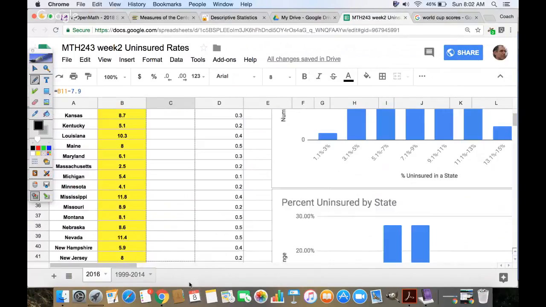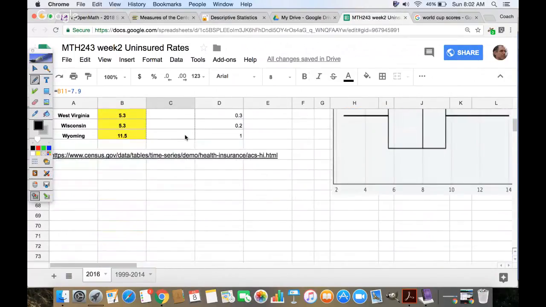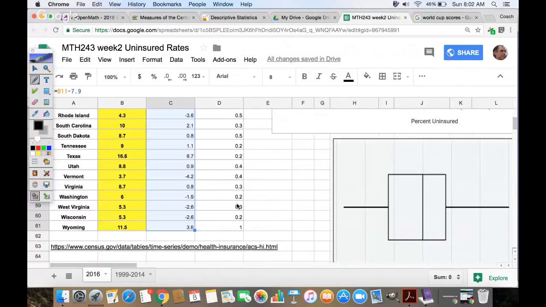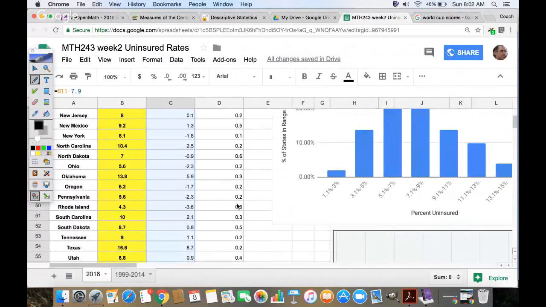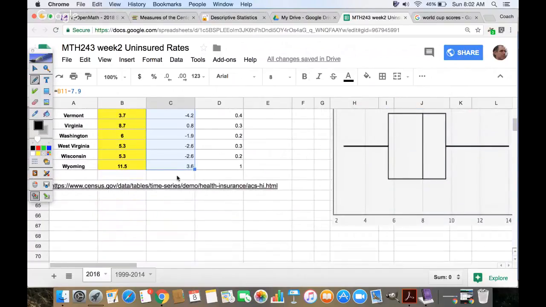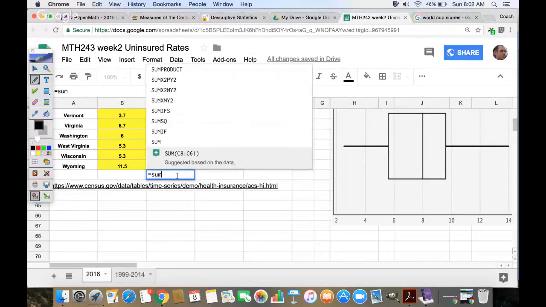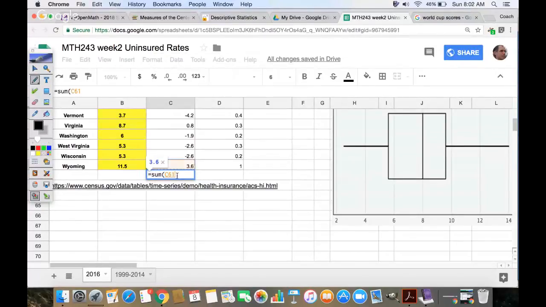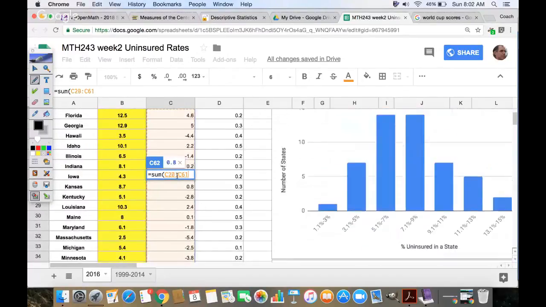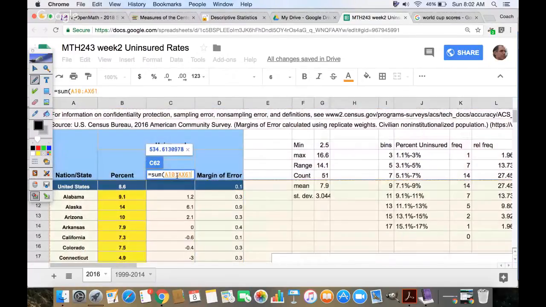And so what I'll see is some states are above average, some states are below average. Now, because the mean marks the center in a certain way, the above average states and the below average states are going to balance each other out. So if I were to add up all of these deviations, what I'll find is they sum to 0 because the mean's in the middle.